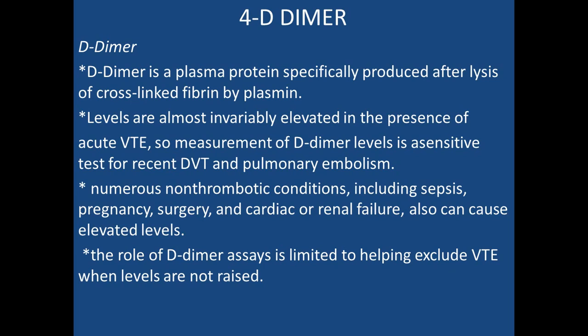Keep in mind that this part of cross-linked fibrin is not specific. It means that it can form in any site, any place where there is a process of thrombosis, like recent surgery, trauma, also arterial thrombosis, venous thrombosis, DIC, whatever.